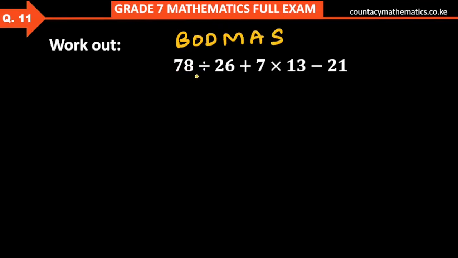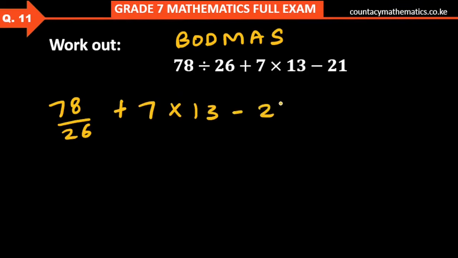So you see 78 divided by 26. It could be possible to divide this directly, but to divide it in an easier way, you can put it in terms of numerator and denominator, such that you have 78 over 26, and then plus 7 times 13 minus 21.